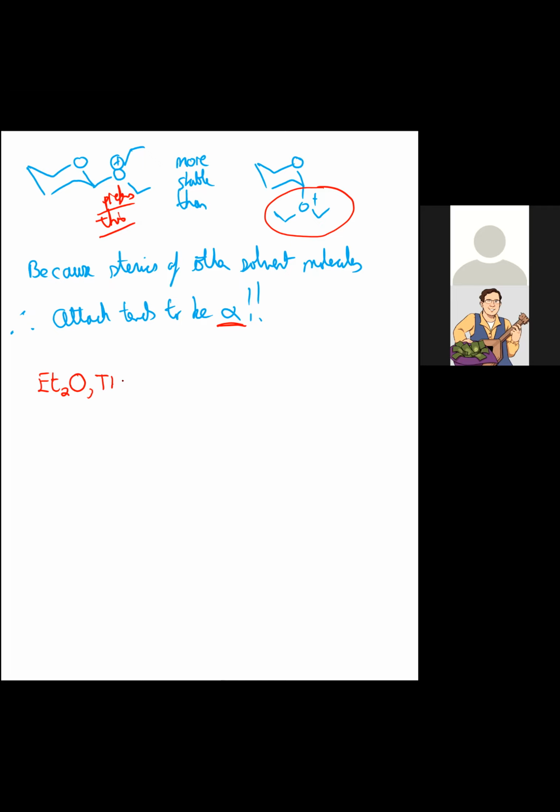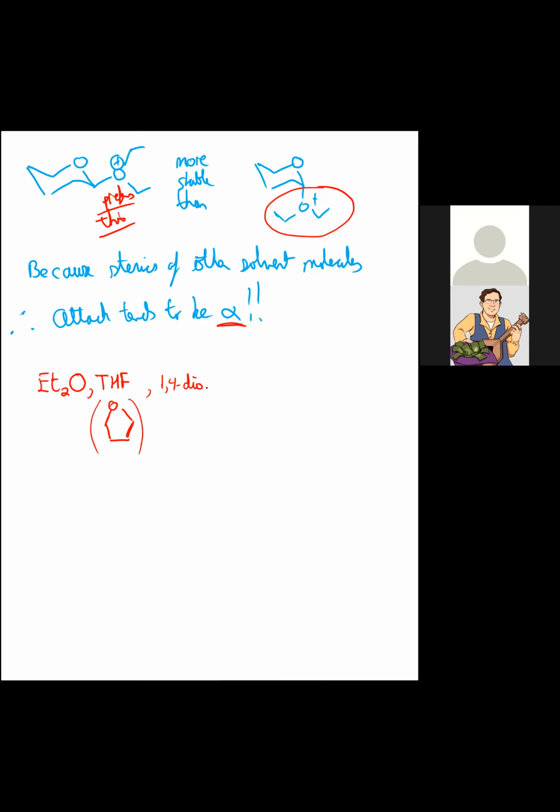THF is the same kind of idea, except now it's a cyclic ether. It's diethyl ether if you tie the two ethyl groups together. And then 1,4-dioxane is the other one that you'll often see.